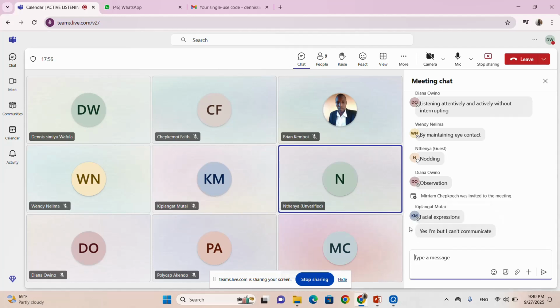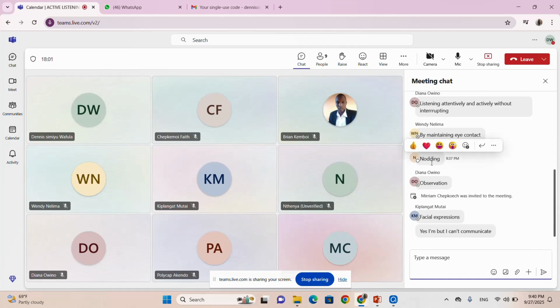You can use the same points here, like eye contact. You are nodding your head. Those are the examples of facial expressions. Thank you for your contributions on that section.